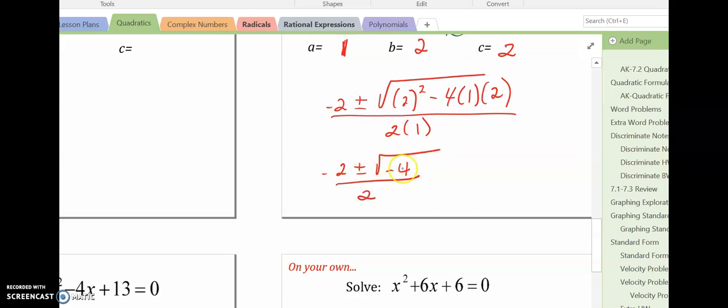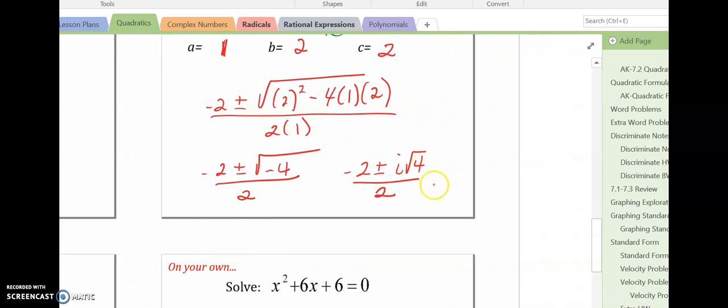This here with a negative should be a huge red flag. We can't take the square root of a negative number, which is why we spent all last week doing what is the square root of a negative. We have to bring in I. And when we do that, we get -2 plus or minus I, the square root of 4 over 2.